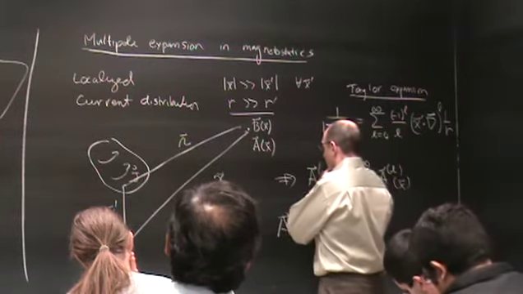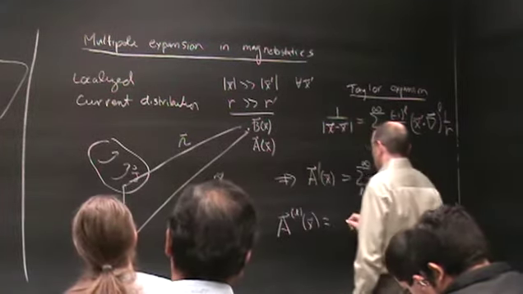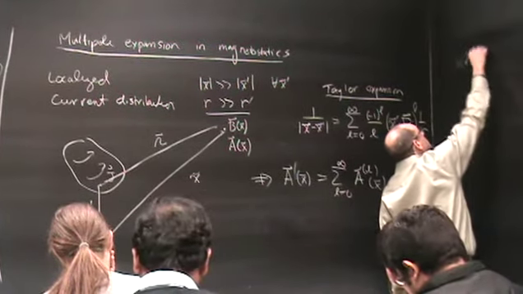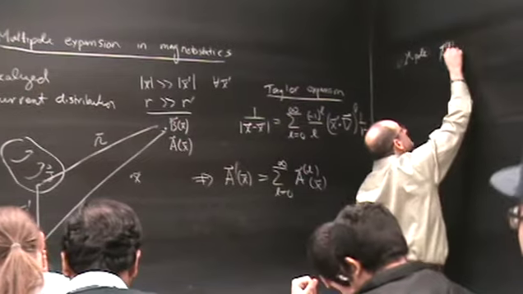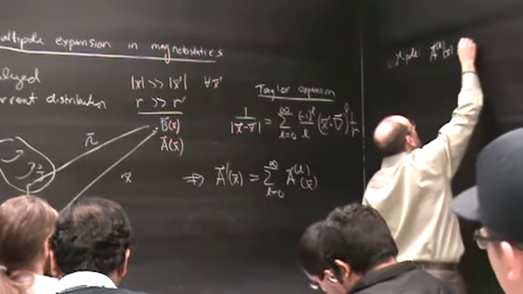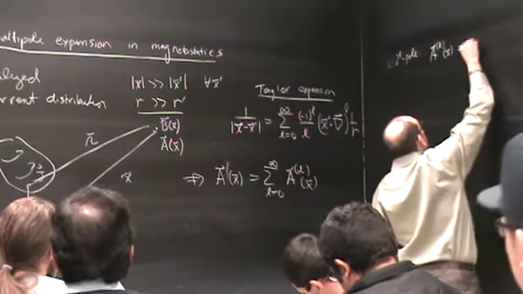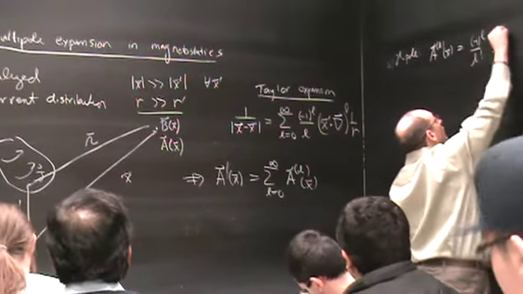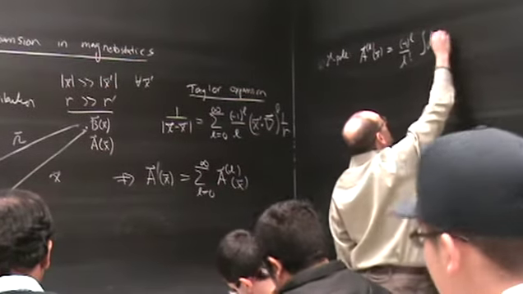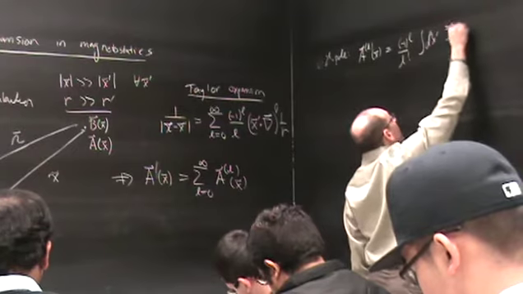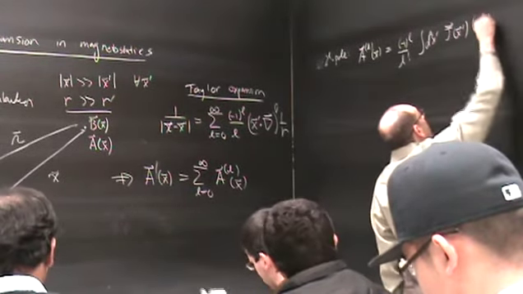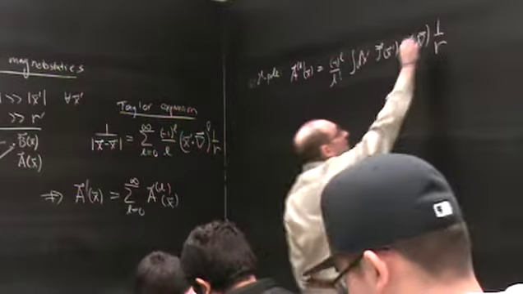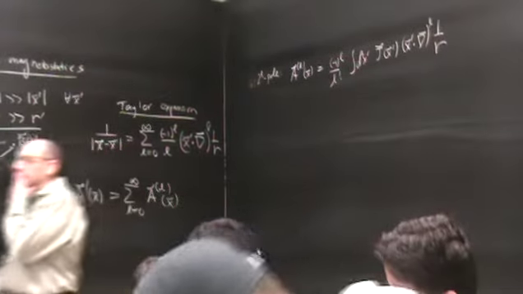where A_L is equal to, I'll put it up here, (-1)^L over L factorial, integral over the source, J at x prime, to the L. Okay?